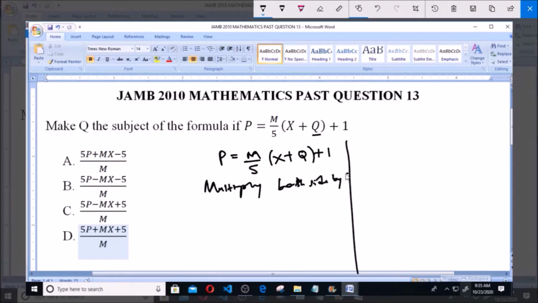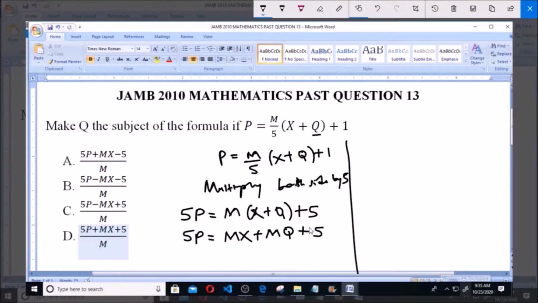Now we'll have that 5P is equal to M into X plus Q, close bracket, plus 5. Now this is equal to 5P is equals to MX plus MQ plus 5.